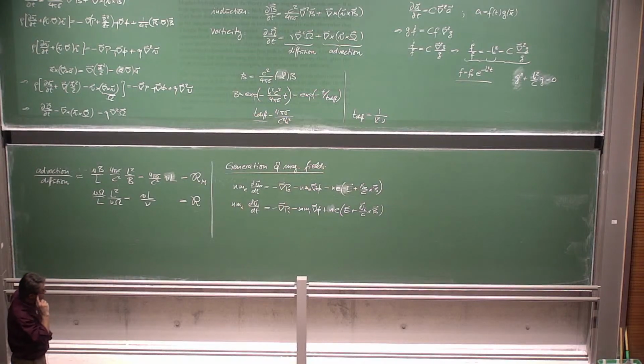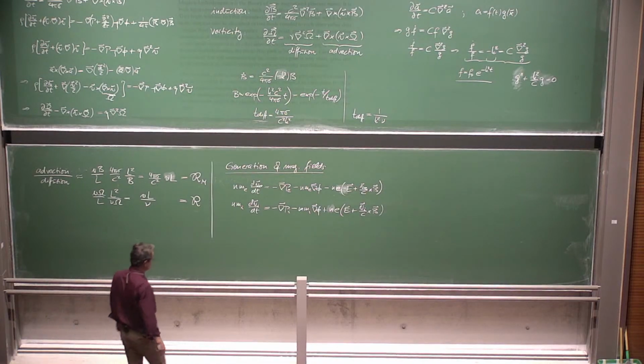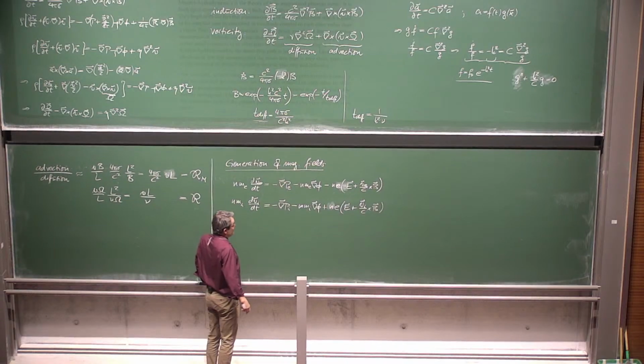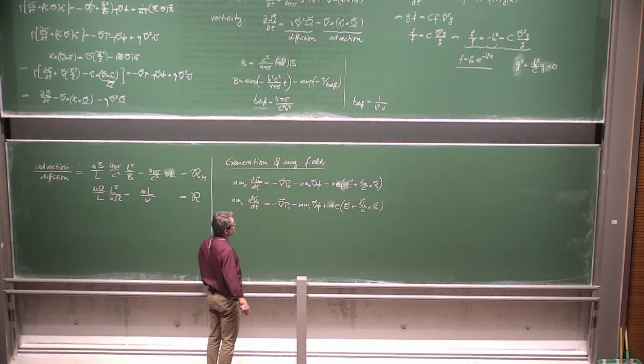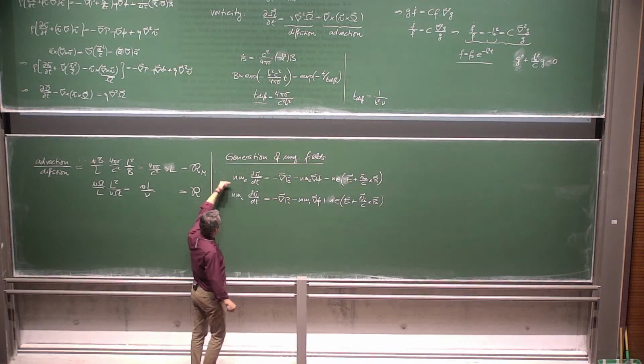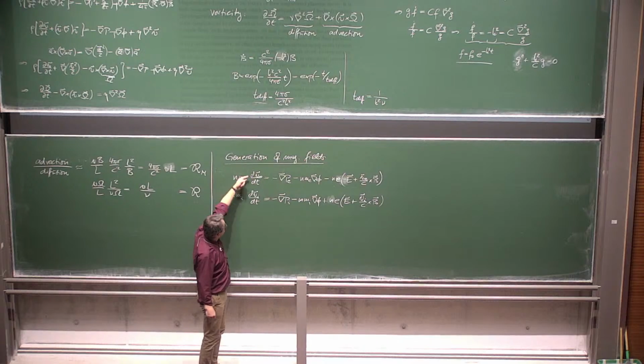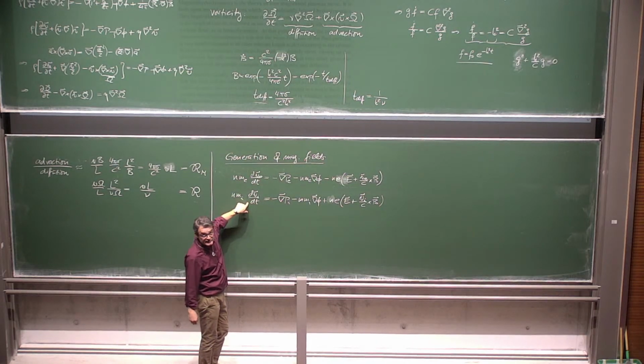Okay. Now I'm going to divide the first equation by n m_e and the second by n m_i, and then I'm going to subtract the second from the first. I'm going to divide this by n m_e, then this is gone. I'm dividing this by n m_i, then this is gone. I'm going to subtract the second from the first.